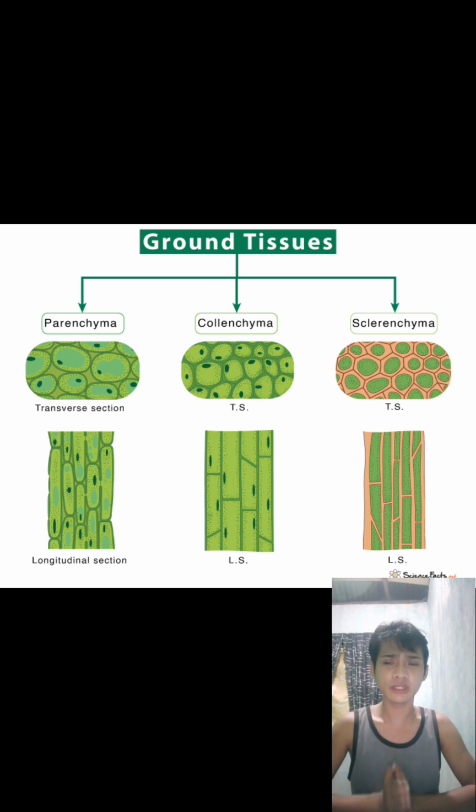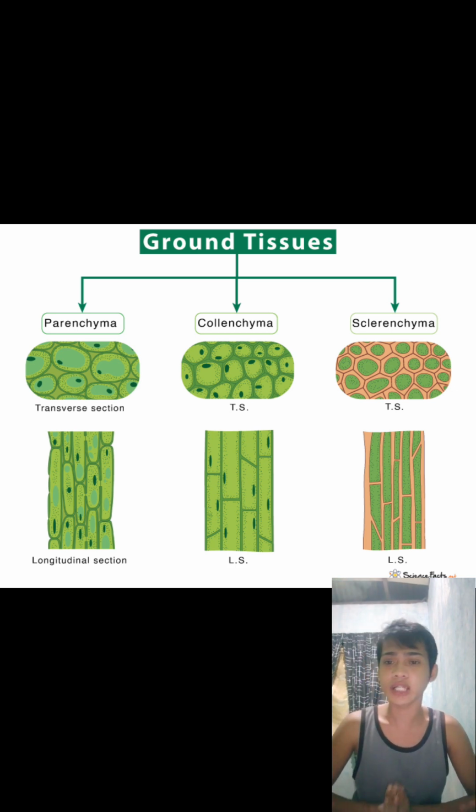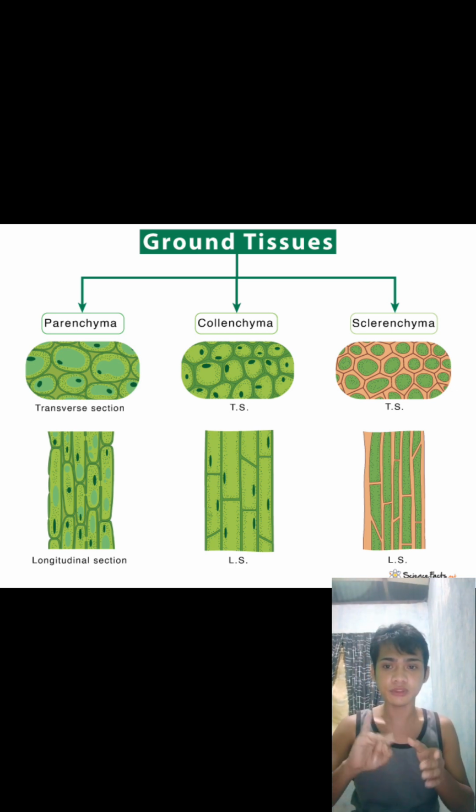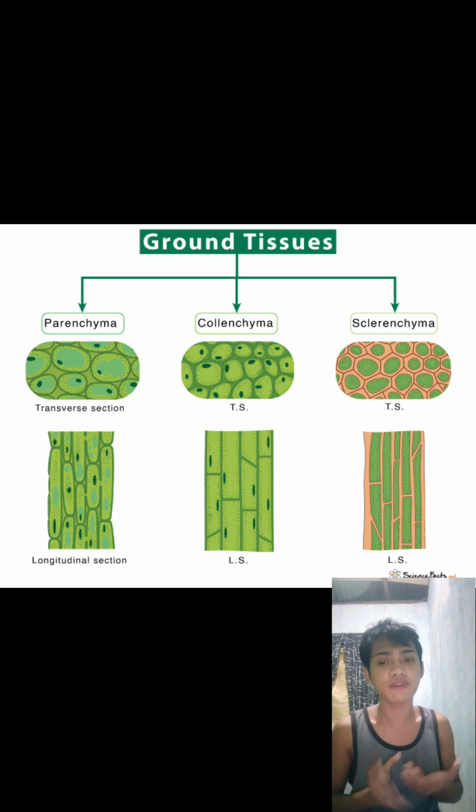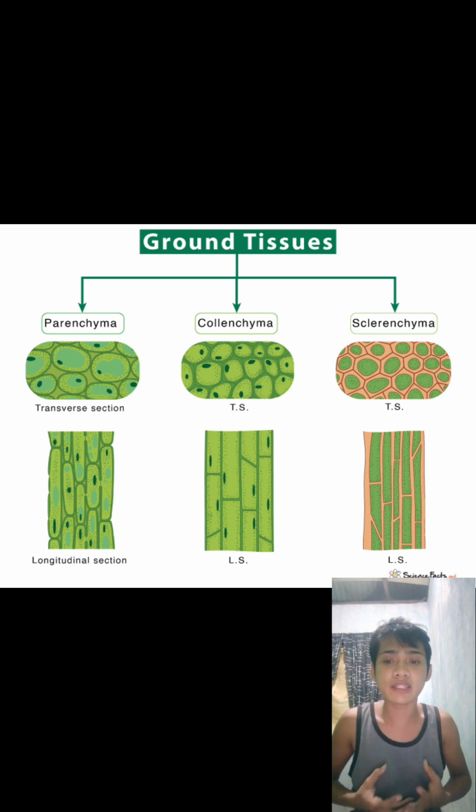Ground tissue includes different types of cells such as parenchyma, collenchyma, and sclerenchyma cells, as I've mentioned earlier. These cells have different structures and functions, depending on the plant's needs.